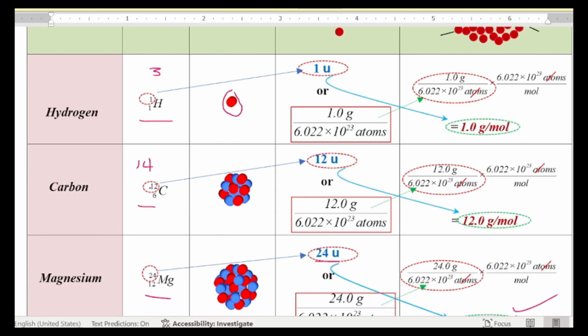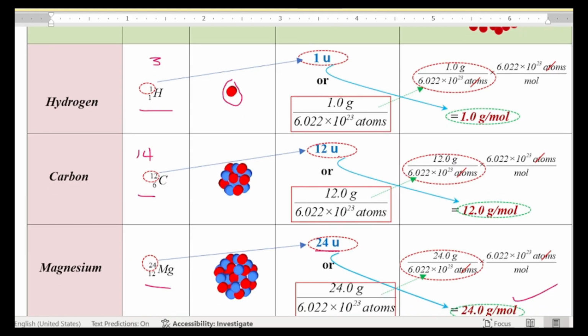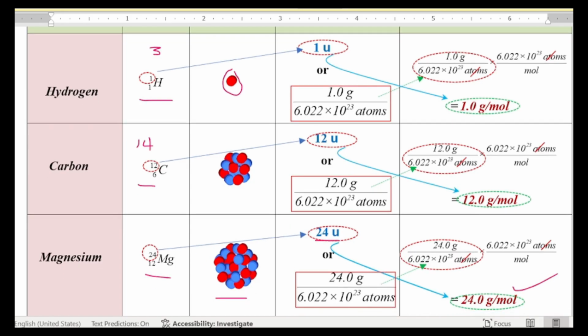Carbon here is 12 times as heavy as hydrogen. Magnesium will be 24 times as heavy as hydrogen. So if you were to take 1 mole of each of these, magnesium will be 24 times as heavy as hydrogen. Okay, that's why you get 24 grams per mole. Carbon will be 12.0 grams per mole, because it's 12 times as heavy as that.